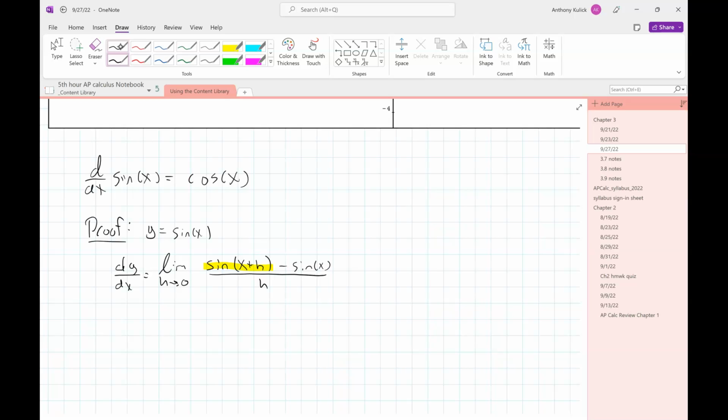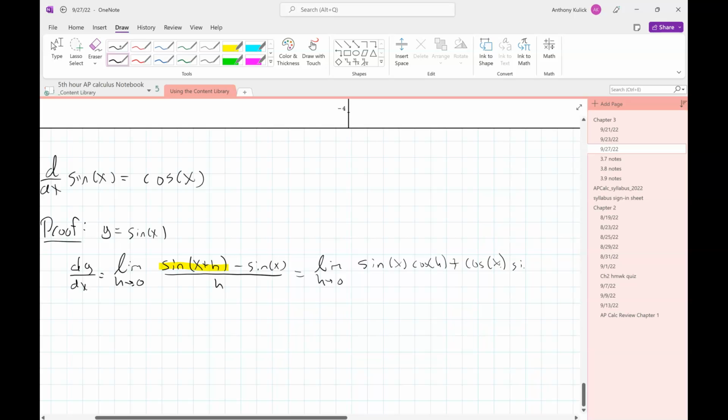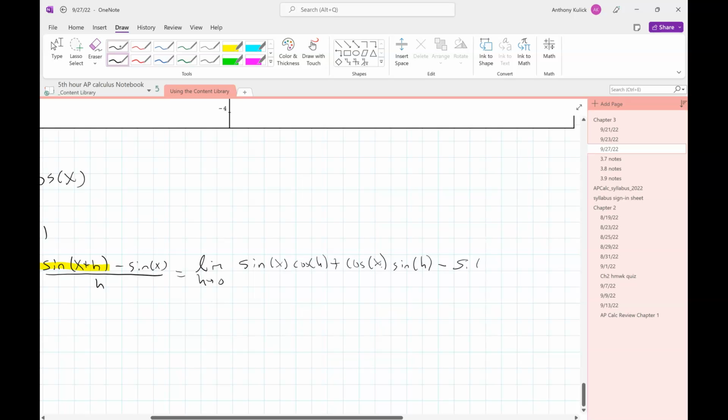That's an angle sum formula. Remember last year in Trig and Pre-Calc we had a bunch of angle sum formulas. I'm going to use the angle sum formula for sine, so that becomes sine x times cosine h plus cosine x sine h, and then I still have that minus sine x.